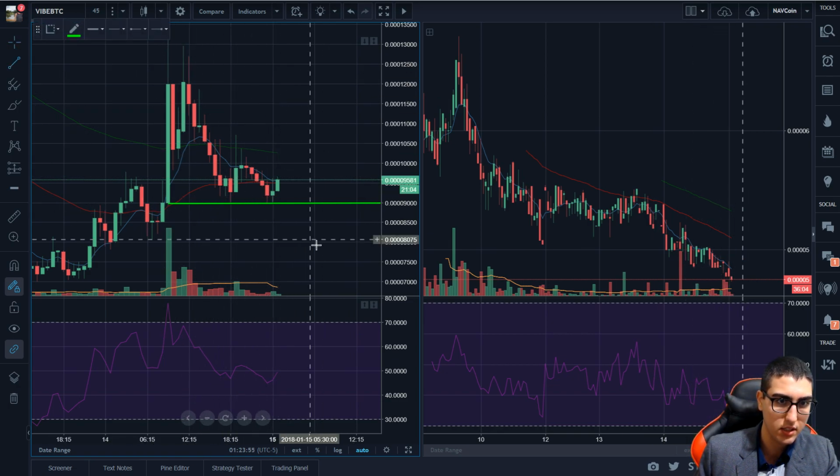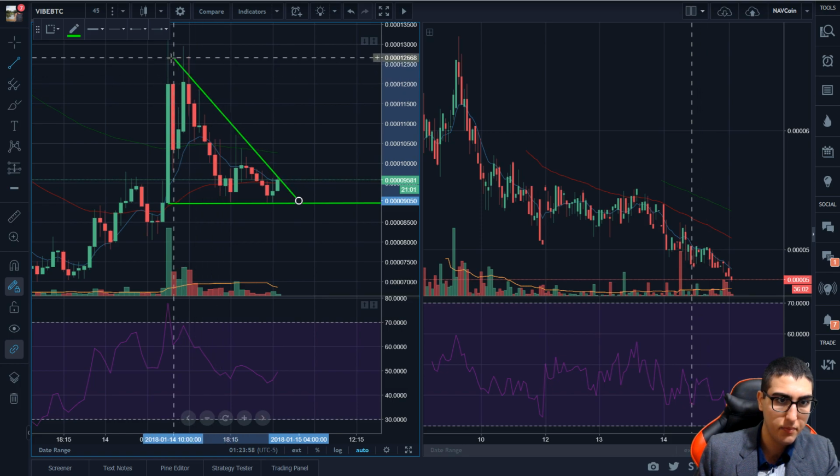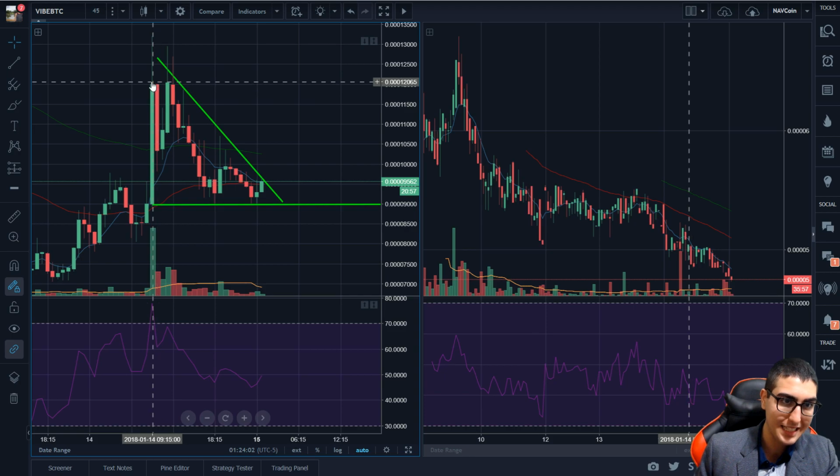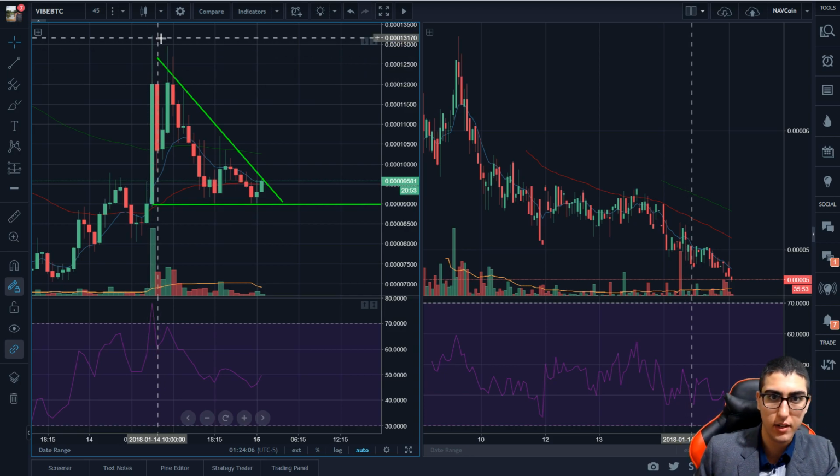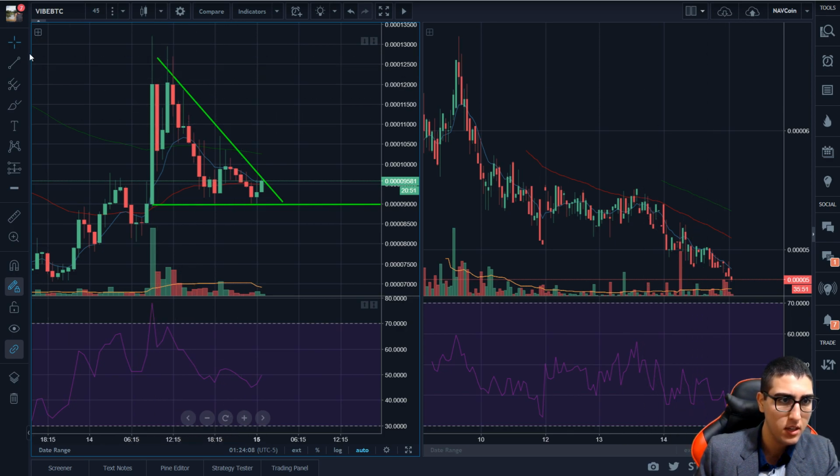Obviously, we saw this consolidation here. We saw this kind of correct itself, never really passing this point of around 12,065 satoshis. We did see some of the wicks pass right around 13,170, but we didn't see clear levels there.